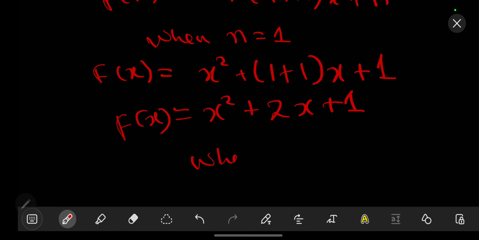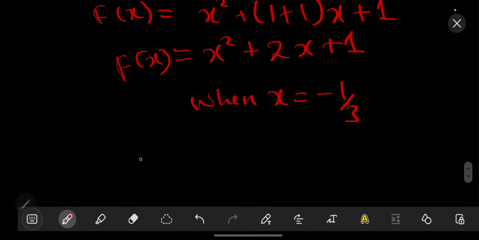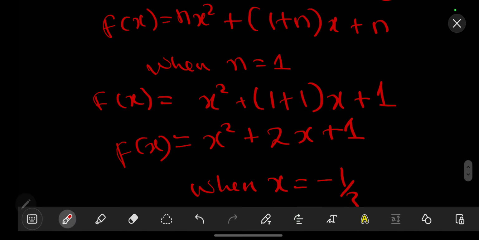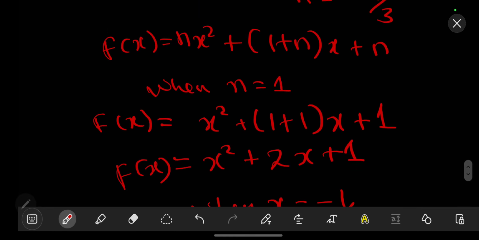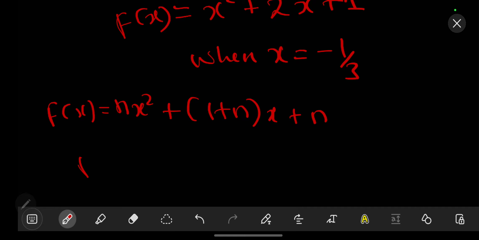Then when n is equal to negative 1 over 3, which is the value we have found, using the same equation, f of x should be equal to, where there is n, we put negative 1/3 x squared.